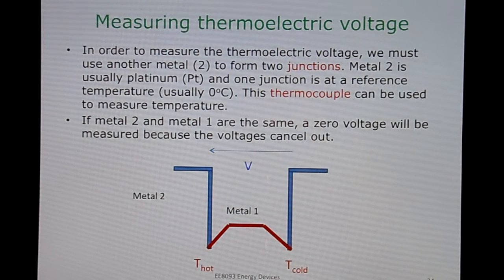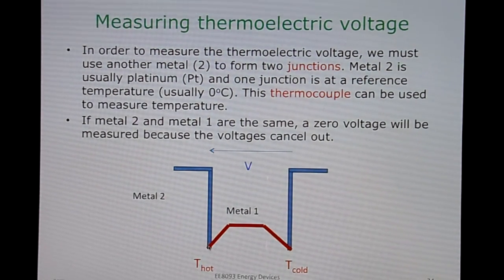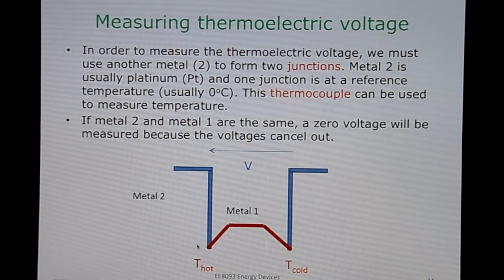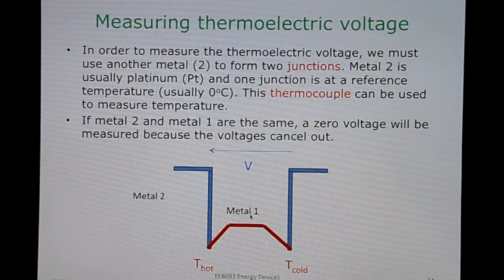So in other words, if we want to measure the thermoelectric voltage across metal 1, we must use another metal 2, to form 2 contacts or 2 junctions with metal 1. The metal 2 is usually the metal platinum, or Pt.